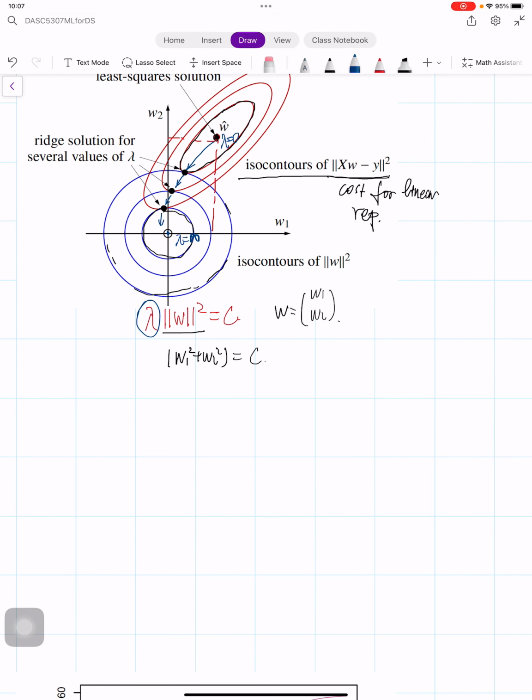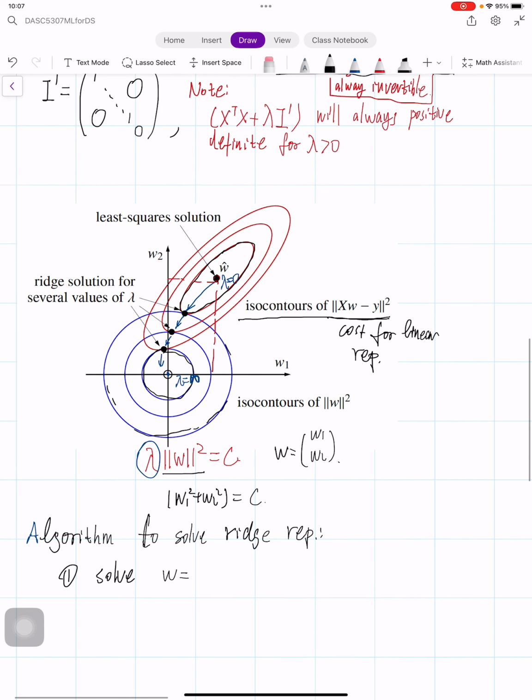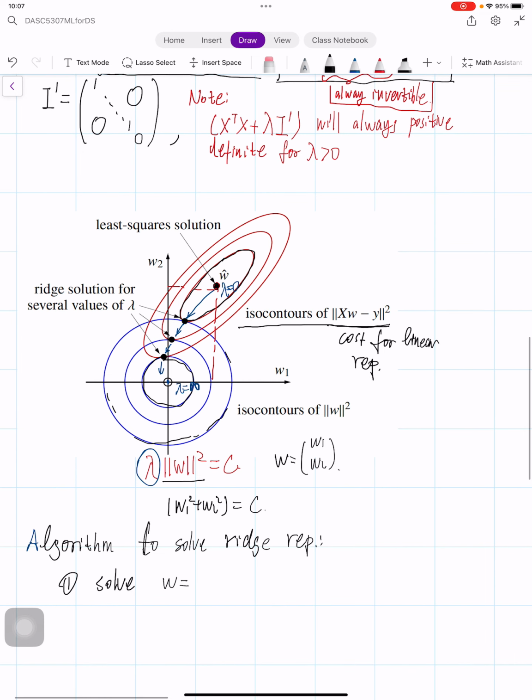So in summary, the algorithm to solve ridge regression is as follows. First, solve w equals (X transpose X plus lambda I) inverse times X transpose y.